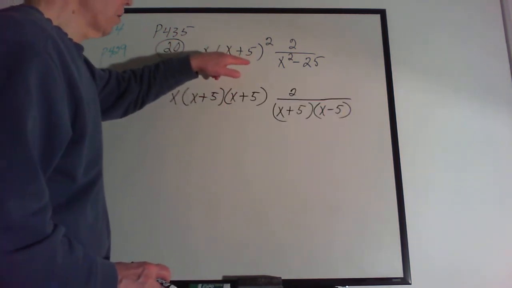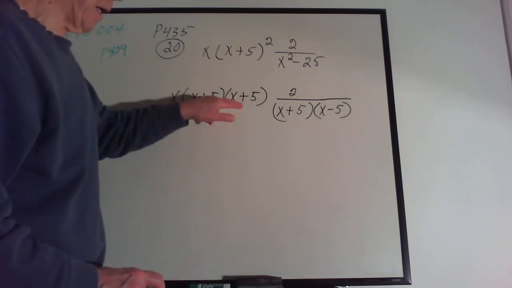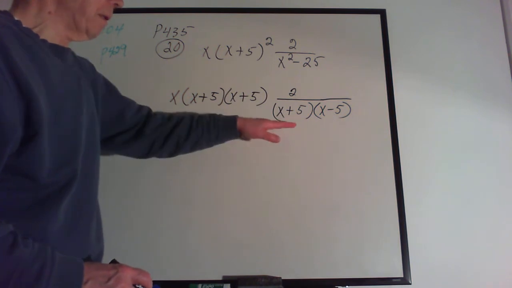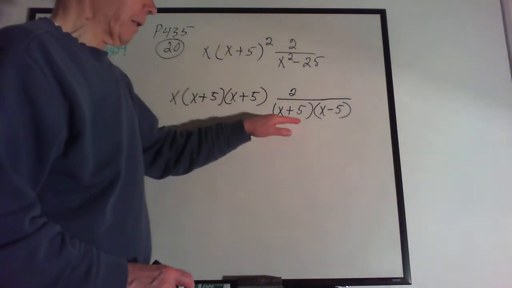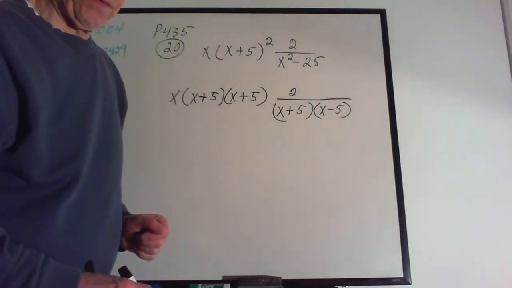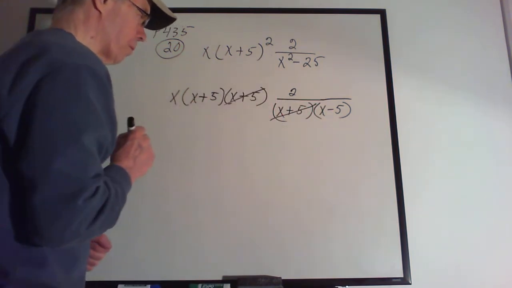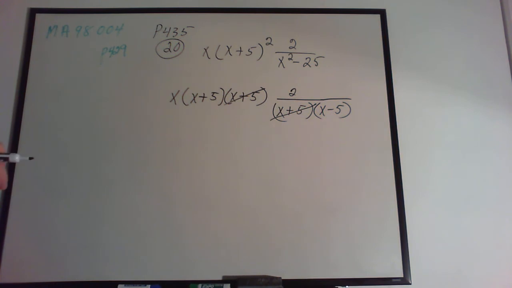So this tells me I multiply x plus 5 times x plus 5. X squared minus 25 factors into x plus 5 times x minus 5. I can cancel out these two. All right, so go ahead and multiply it through, see what you get. Pause the video.